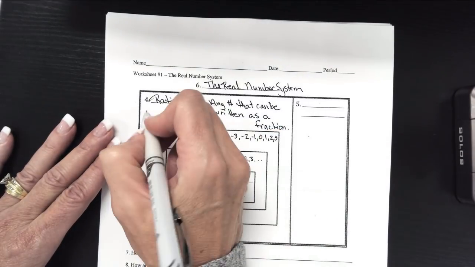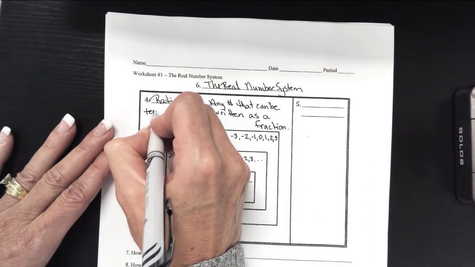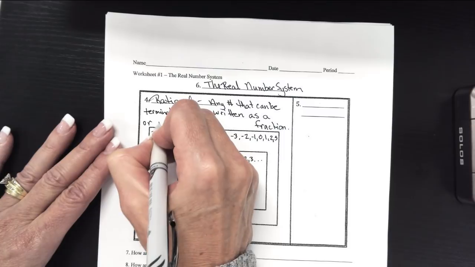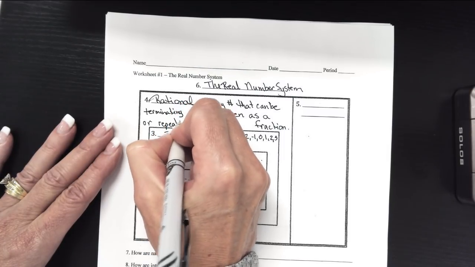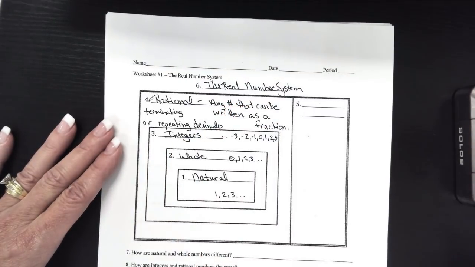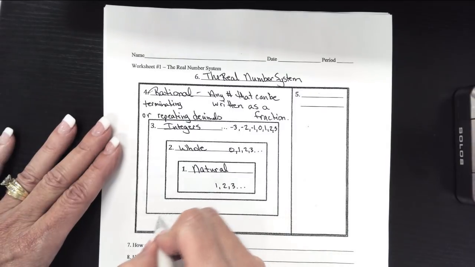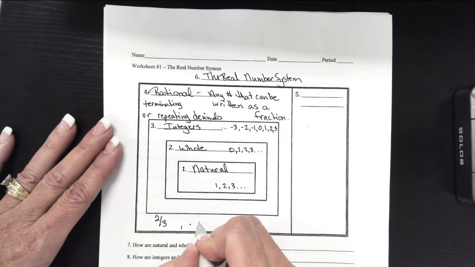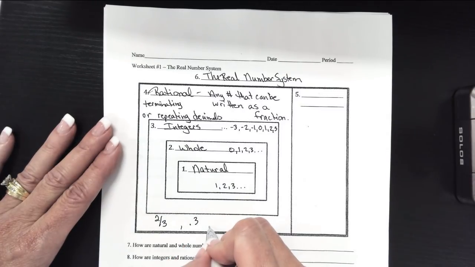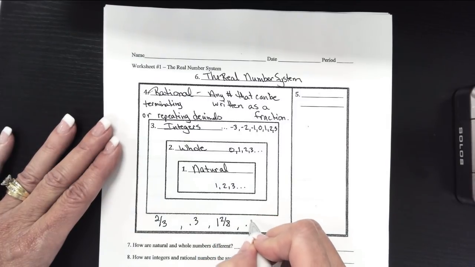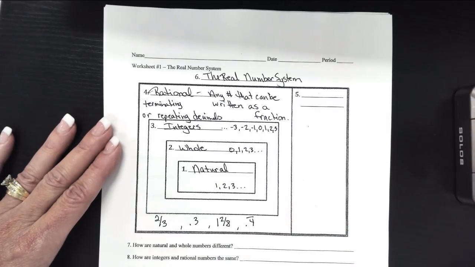So that's your terminating or repeating decimals. So that might be where we see, and I'm just going to fill it in down here for you to have some examples, like 2/3, maybe 3/10, maybe 1 2/8. Maybe we've got 4/10 repeating. Okay, all of those are rational. I can write them as a fraction.